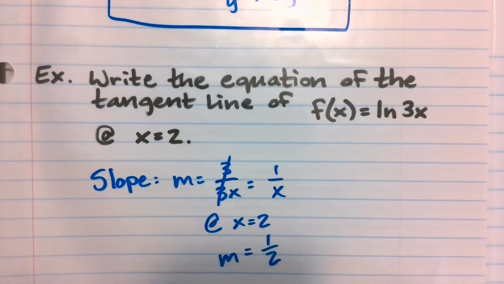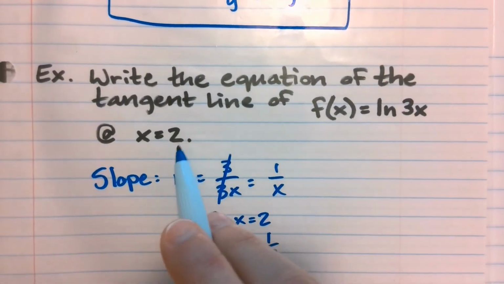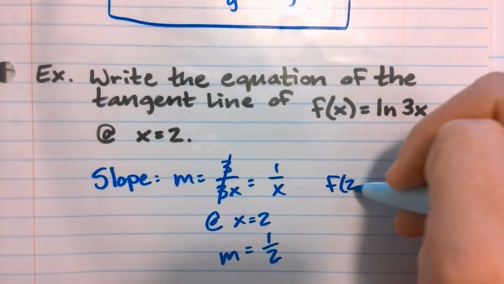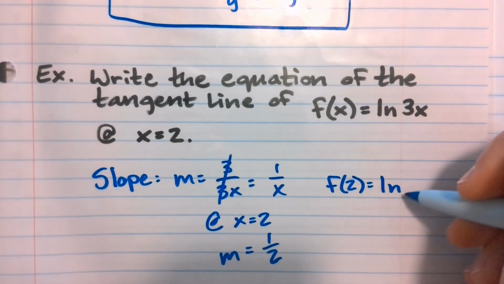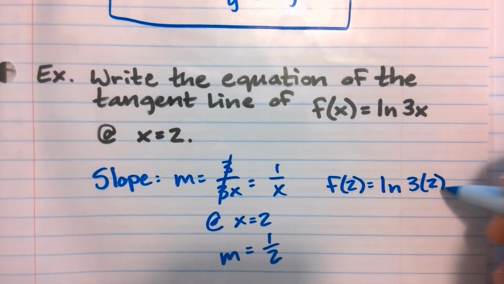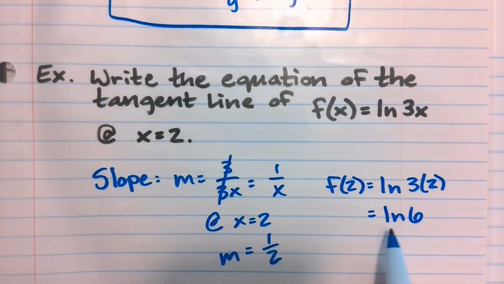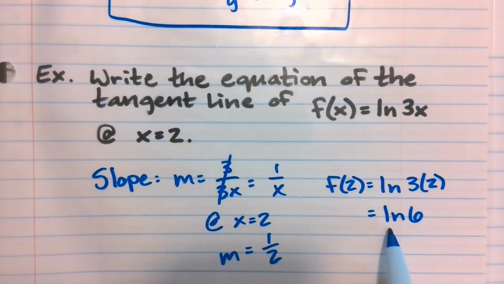And then the other part of this is figuring out a point here. And since I'm talking about x equals 2, I want to figure out f of 2. So we get the natural log of 6. If we wanted to use our calculator to get whatever decimal that is, because this is really asking e to what power is 6, so it's not going to be pretty.